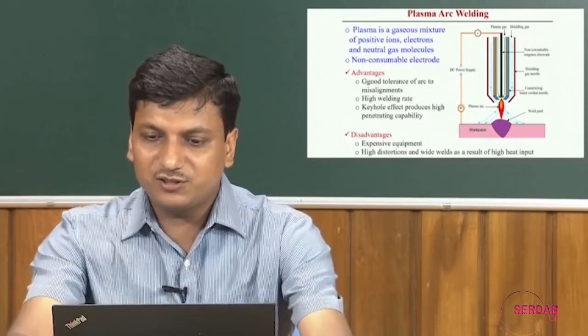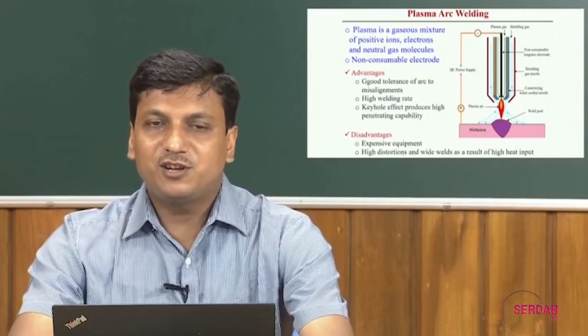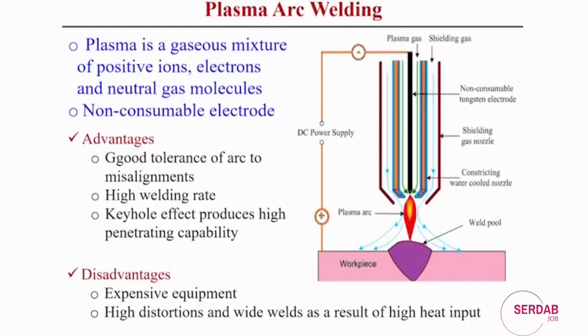But let us look into this figure, how the plasma arc welding process has been developed. Here we can use the DC power supply and create the positive and negative, and here we can use a non-consumable tungsten electrode, and shielding gas is also supplied, but inside there is a plasma gas also supplied here.